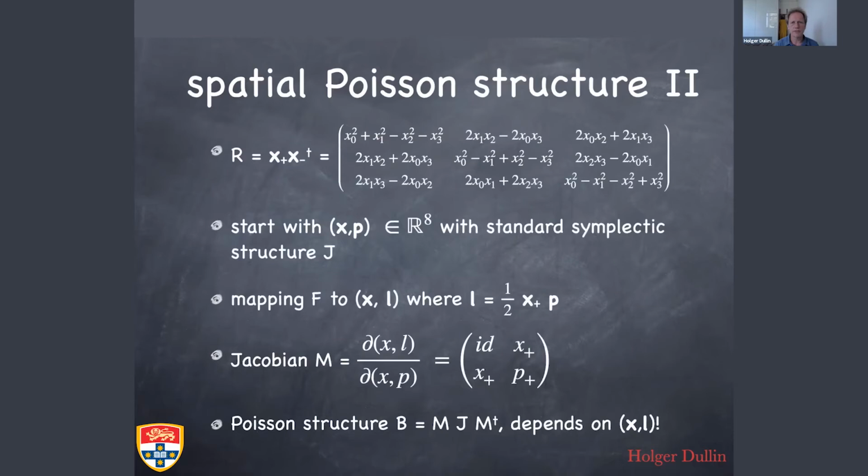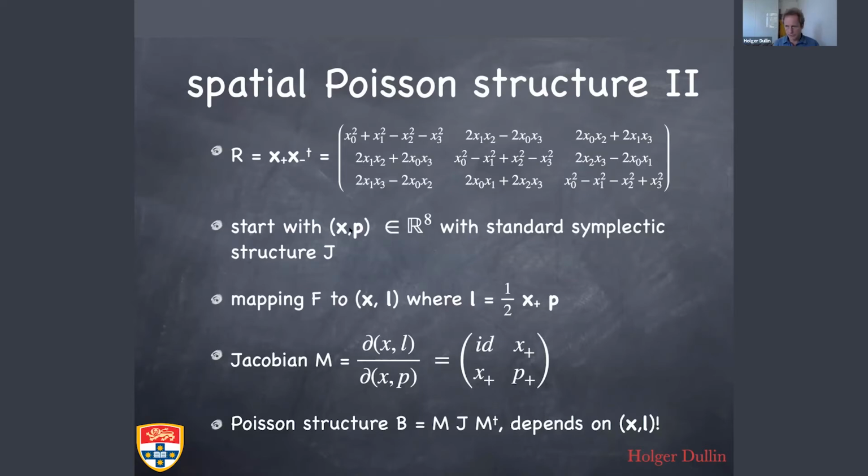Let me maybe briefly flash up how you actually arrive at this Poisson structure. It's actually a simple computation. So here is, again, the matrix in SO3 written in this factorized form, and here I multiplied out. So this is the rational parametrization. So for any set x0, 1, 2, 3 that has the sum of their squares adding to 1, this is an element of SO3.